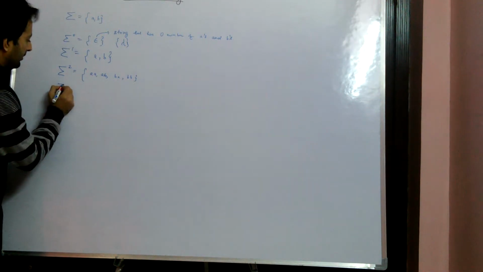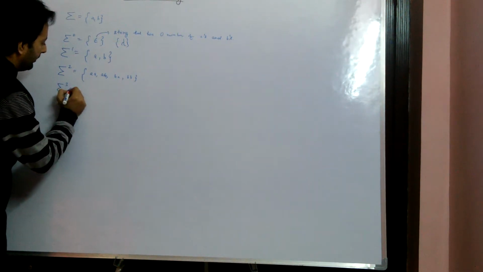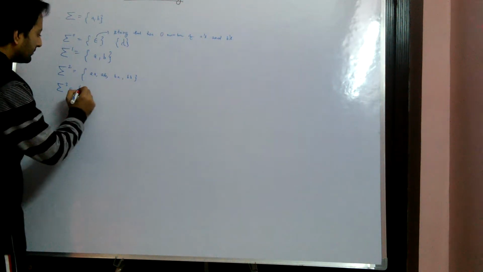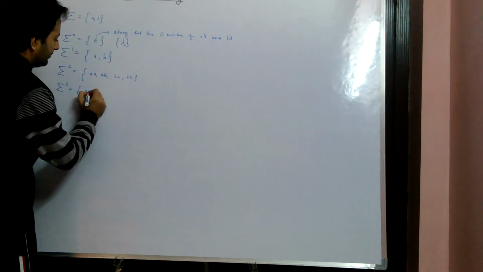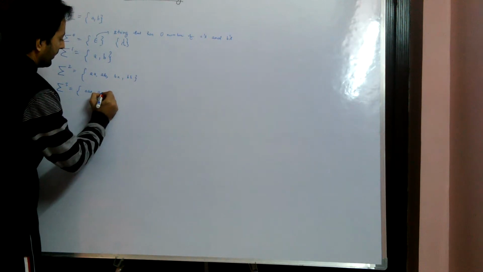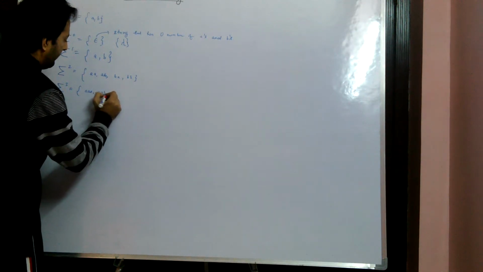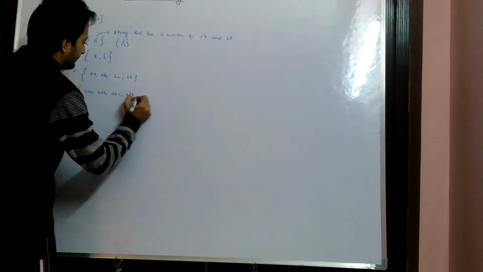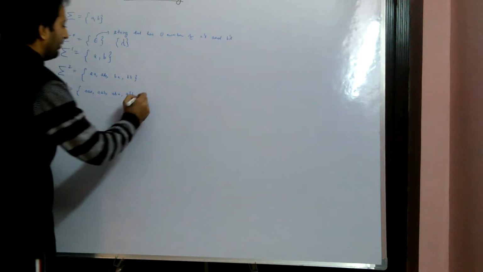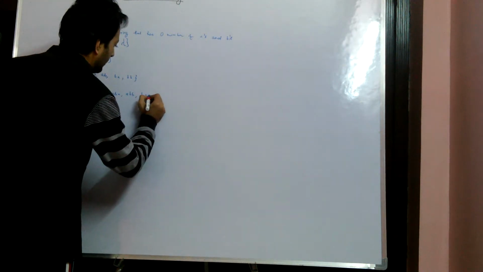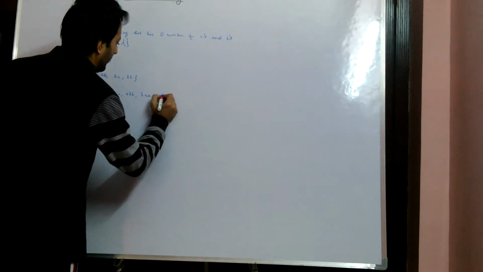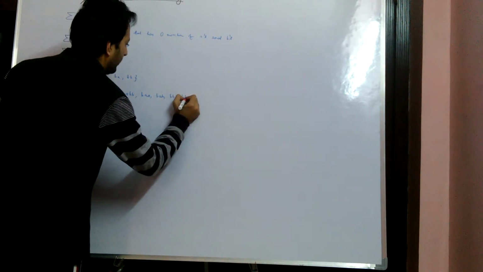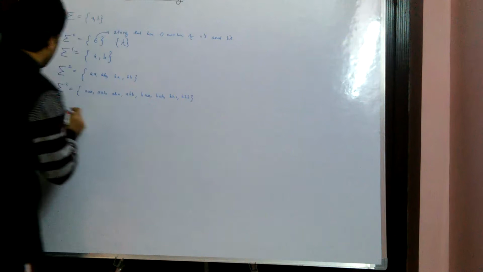Similarly, we can have combinations of length 3 of the alphabets belonging to the set sigma: AAA, AAB, ABA, ABB. After this we can have B as the initial symbol, and we have BAA, BAB, BBA, and BBB, and so on.